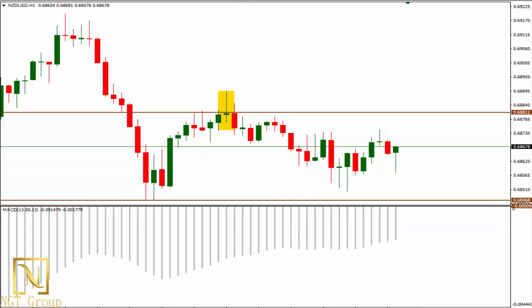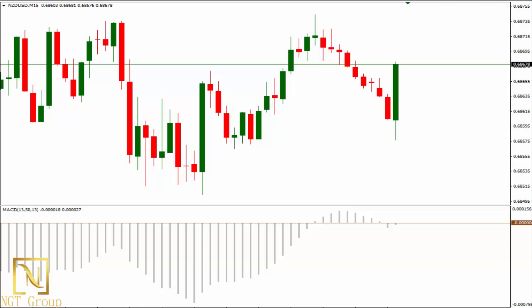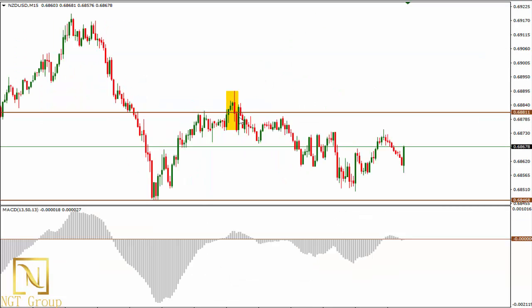Here we are on the longer time frame. So this is the false break that we identified on the 15-minute chart. That was the candle that we identified. That candle is a powerful, extremely powerful signal inside the market.